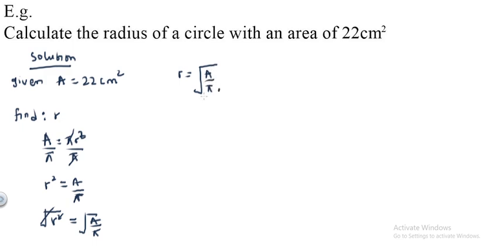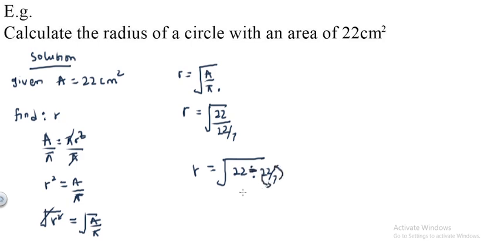You simply substitute the values of A and pi here, so that you have r is equal to the square root of 22 over pi, and pi is 22 over 7. So r can be written as the square root of 22 divided by 22 over 7. You can change the division sign by switching the denominator with the numerator. That would mean that you have r is the square root of 22 times 7 over 22.